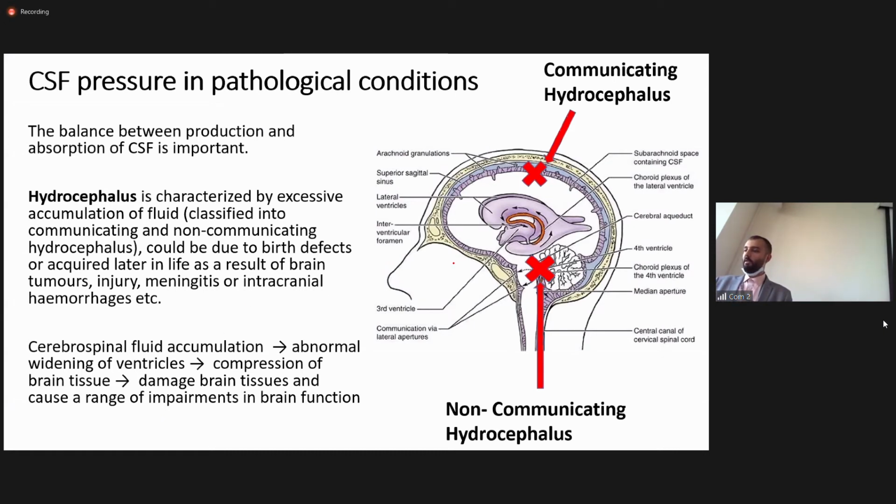Communicating if the obstruction is happening outside the ventricular system, whereas it's called non-communicating when the blockage is within the ventricular system. Okay, and so when there is an accumulation of CSF, this would lead to compression on the brain tissue, leading to damage to different brain tissues, and different symptoms could manifest. Okay.